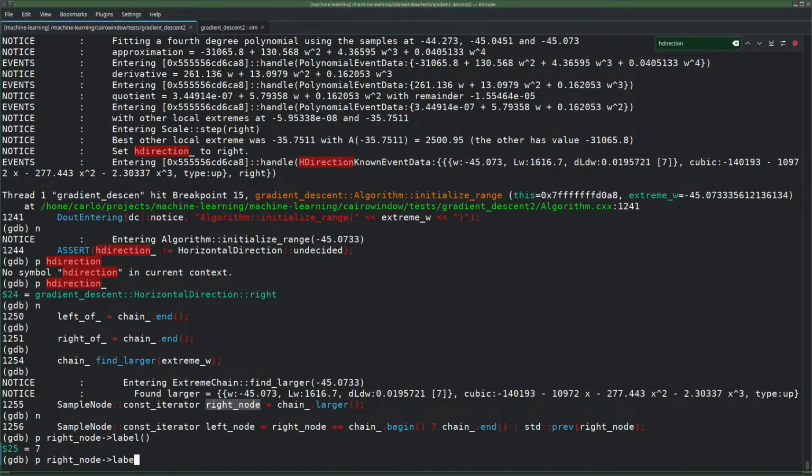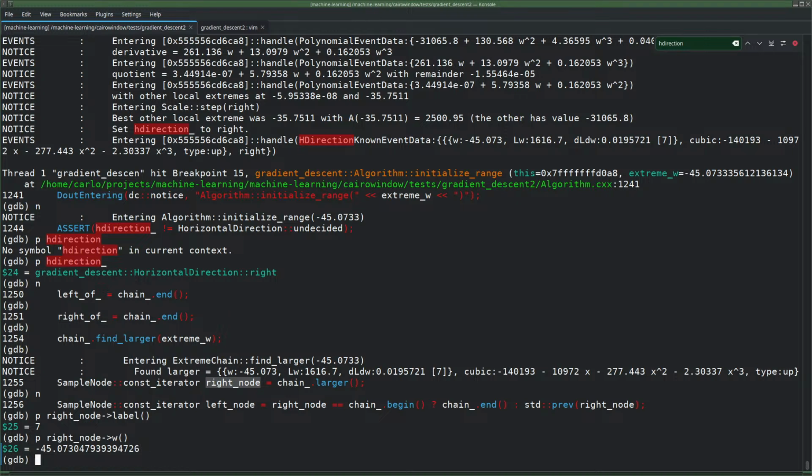Now I want to check it too. That is the value, and I find larger is 0.733. Okay, so this one is indeed closer to the 0 than that one. And then left node must be set to probably 4, I think, or maybe 6.